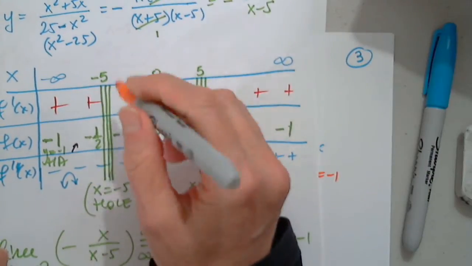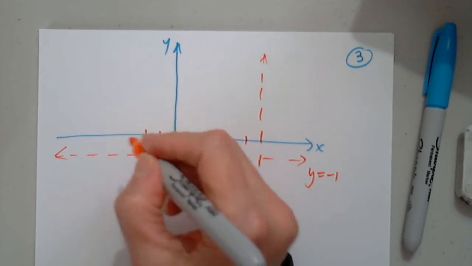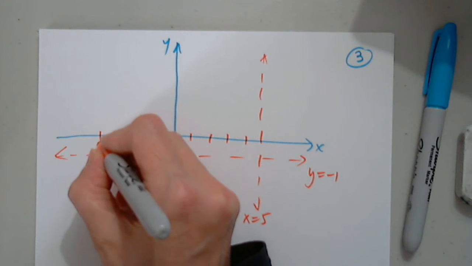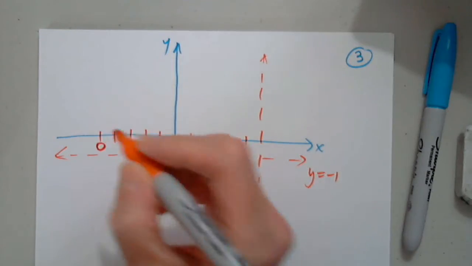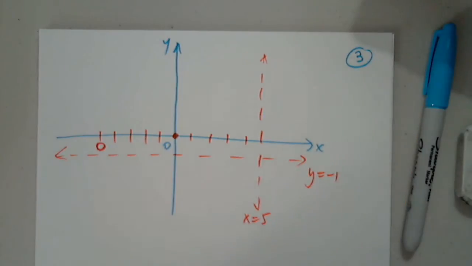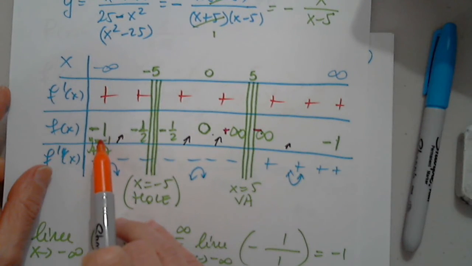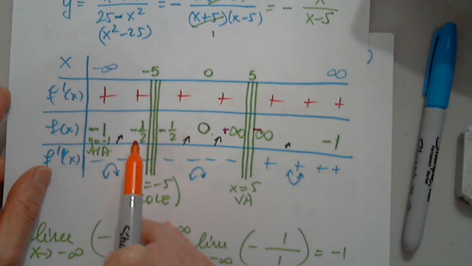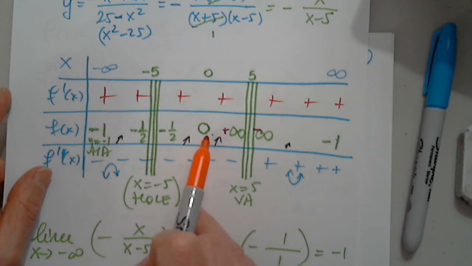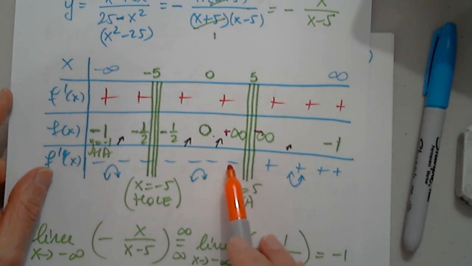I want to get rid of this quickly. -5, -1/2. 0, 0. Okay, now my table tells me what to do. From -1, it increases to this point, which is a hole, goes through the origin, and goes to infinity. All increasing and all opening down.